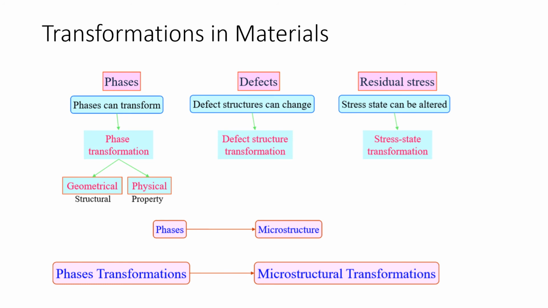Transformation in materials. Here we categorize the transformation of materials into three types. First, we categorize it into phases, then we study the defects, and then we study the residual stresses that develop in the material in the process of transformation.